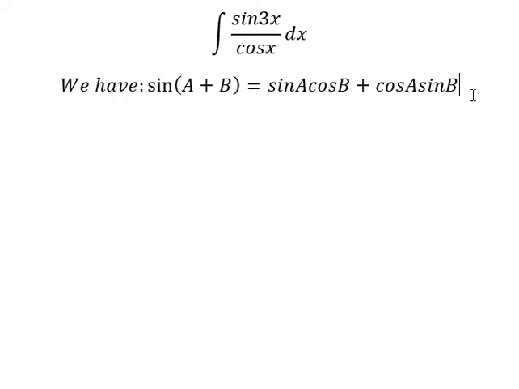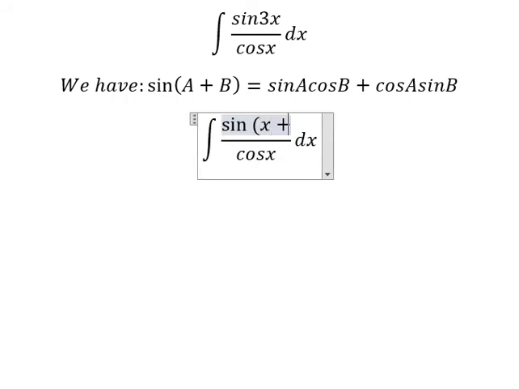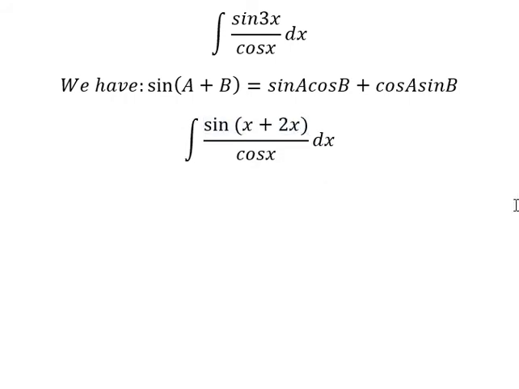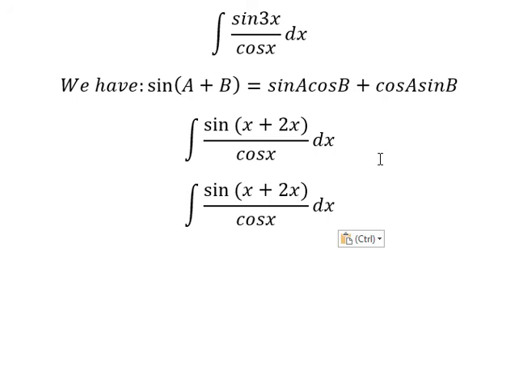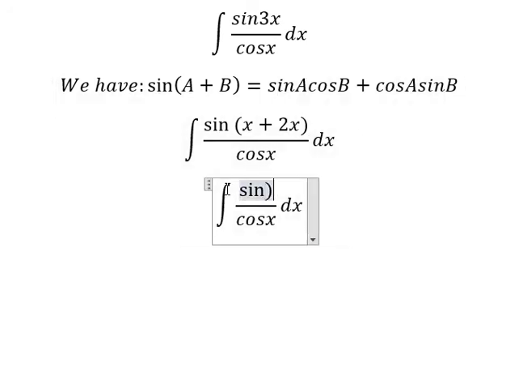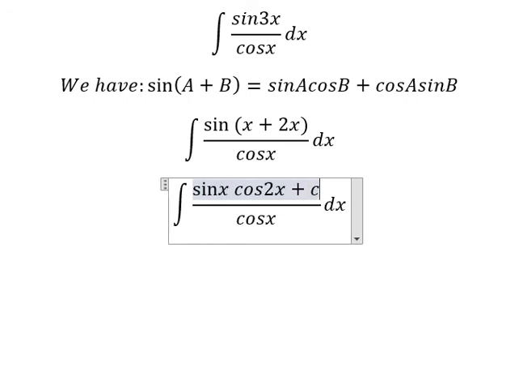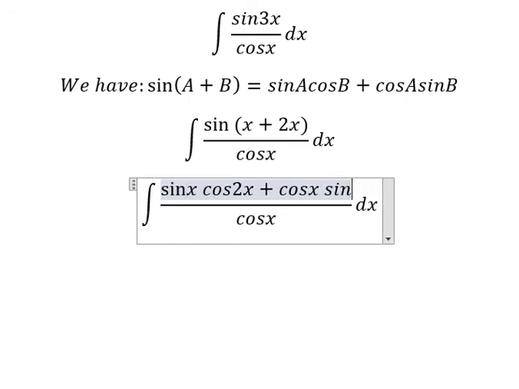Now about 3x, we can put it into x plus 2x, and now we need to transform this one into this one. So we have sine x cosine 2x plus cosine x sine 2x.